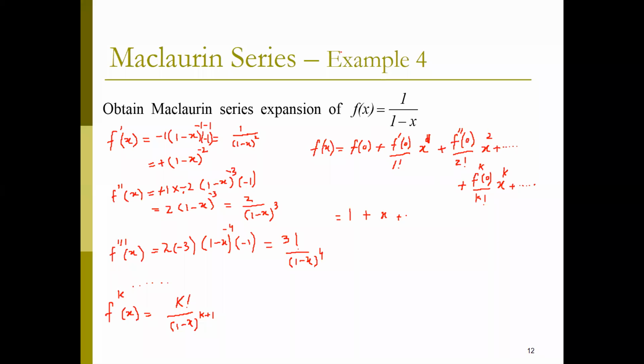And f double dash 0, if we put 0 in place of x, in the denominator we have 2 factorial, so that can be written as only x square.